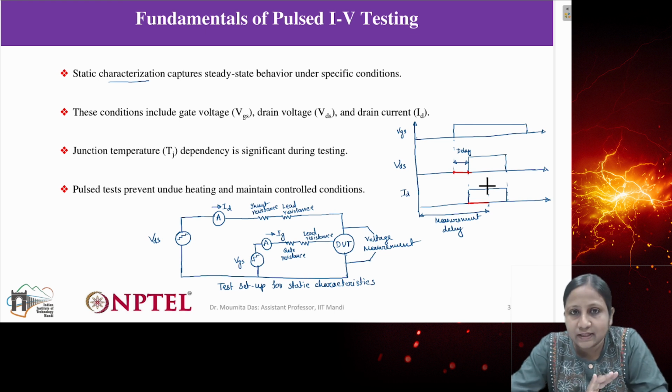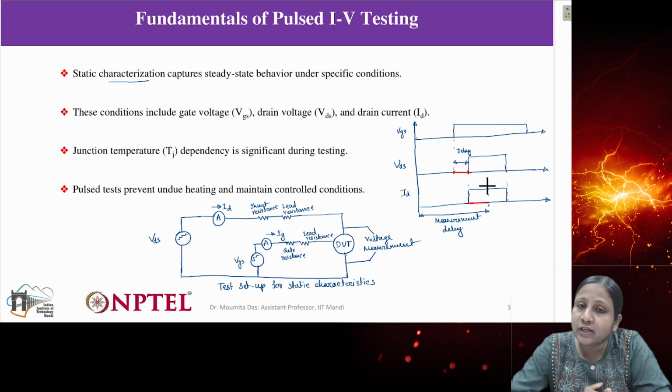Because if there is any transient, let's say overshoot, undershoot, anything, occurring after providing the drain to source voltage, then we have to wait for some time so that the device reaches the steady state value.